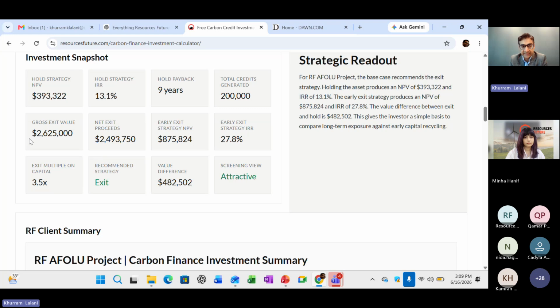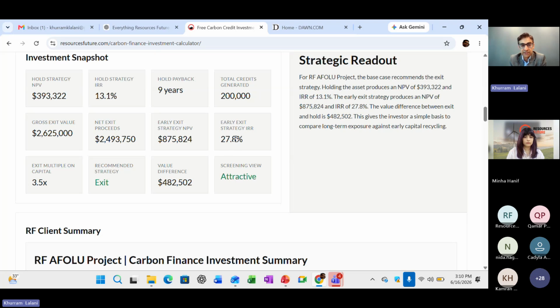When it comes to my exit value, if I give away all my credits at an early exit, I will have a gross exit value of $2.6 million. Net exit proceeds after all the expenses is around $2.4 million.